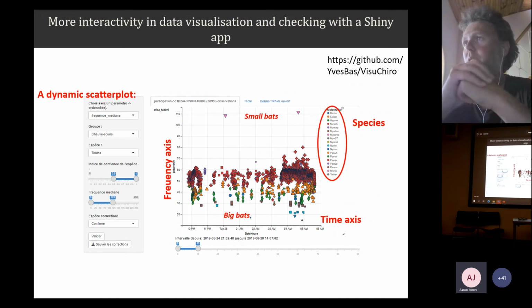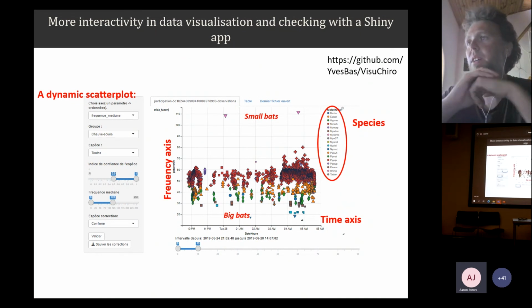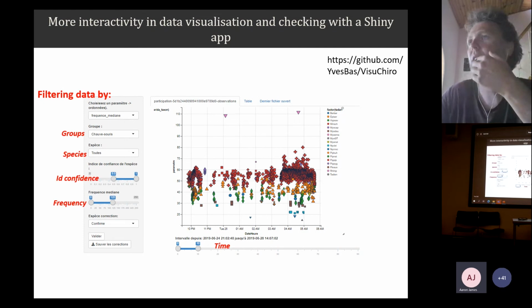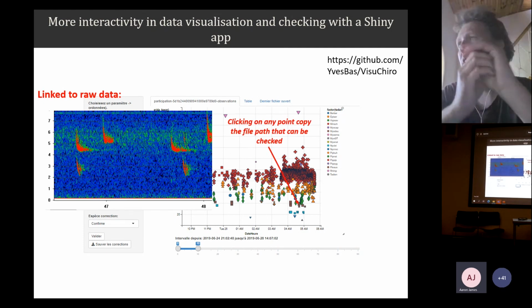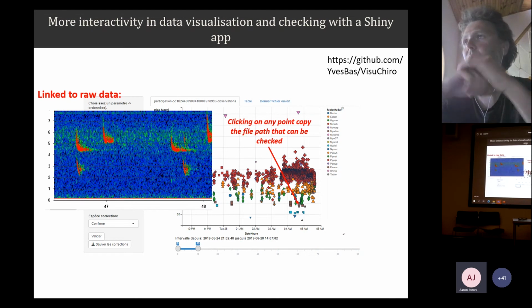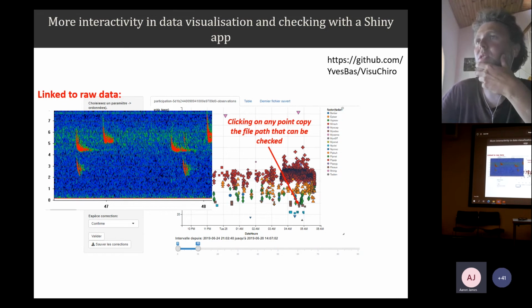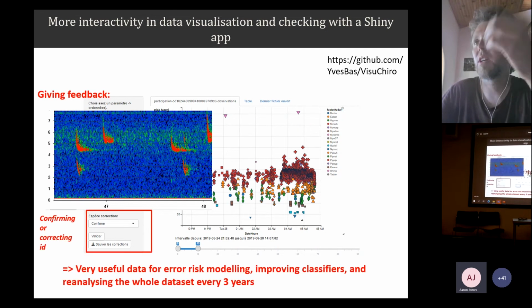You have time on the x-axis and frequency on the y-axis. You can apply a lot of filters, and you can get the file path by clicking on the point where you think there is something interesting or weird that needs to be checked, and then you can confirm or correct the ID.